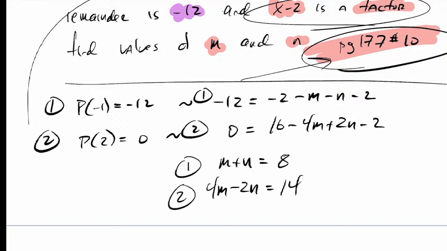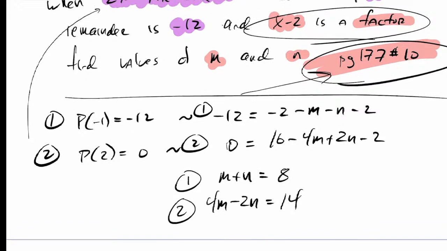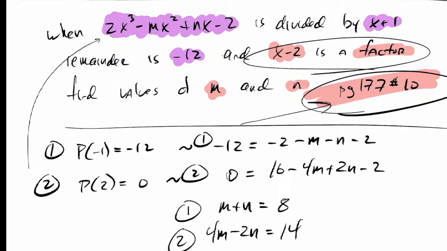Then you're solving two equations, two unknowns. Is my math right here? If I sub 2 in, 2 to the 4th is 16, minus 4m plus 2n minus 2. Okay, that's good. I brought this over and cleaned that up, then brought that over and cleaned that up.